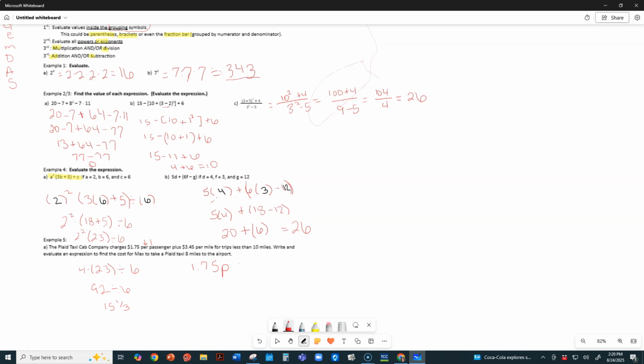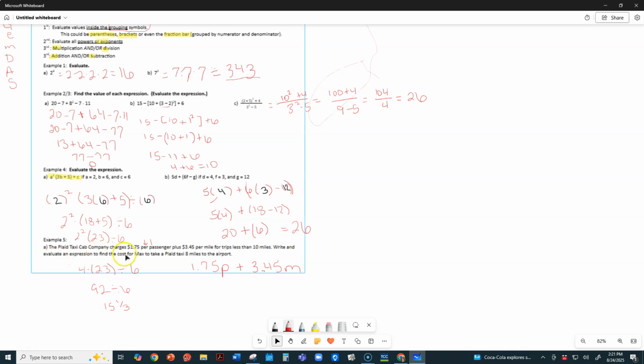And then plus, so we're going to put a plus sign. $3.45 per, $3.45 for each mile. So I'm going to use M for mile. And they're saying that this is the cost only if the trip is less than 10 miles. Okay. So we've got to keep that in mind when we continue reading.